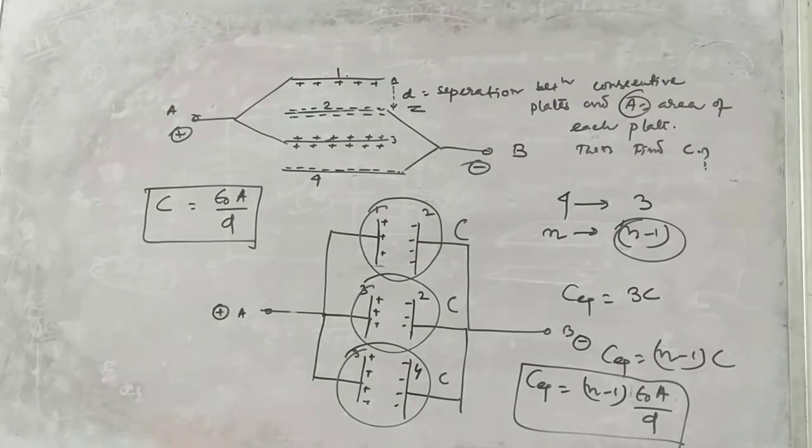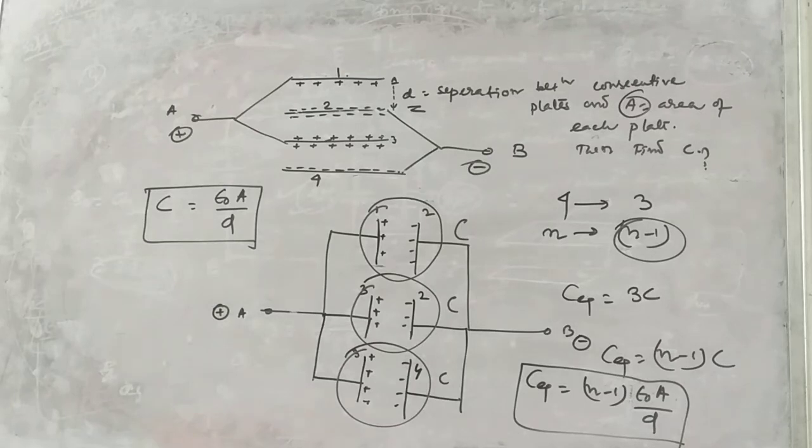You only have to keep in mind that alternate plates are connected to the positive terminal and negative terminal. If you have 4 plates, then 1 and 3 are connected to positive, 2 and 4 to negative. If you have 6 plates, then 1, 3, 5 are connected to positive, 2, 4, 6 to negative.